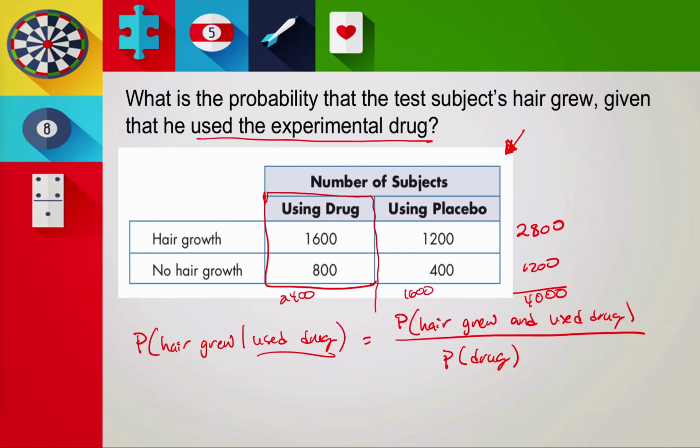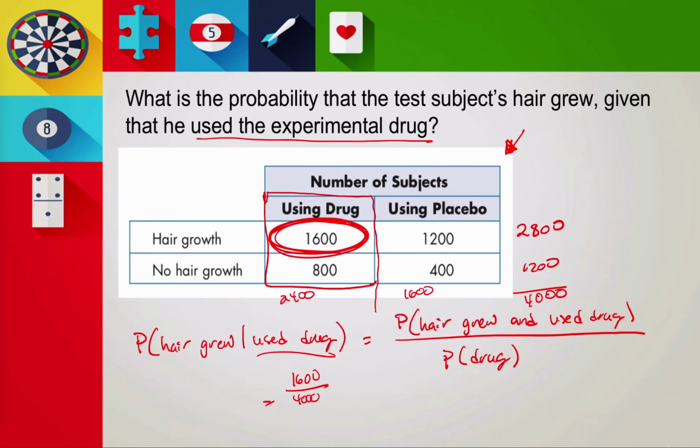So what we need here is the people whose hair grew and used the drug. The probability of being in that group is 1,600 out of 4,000.